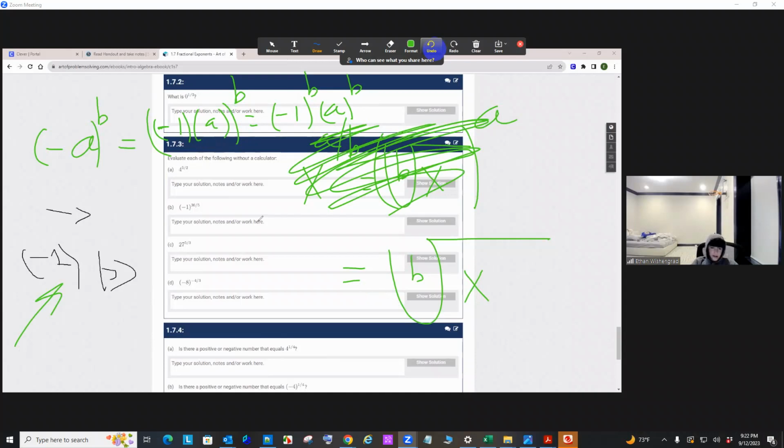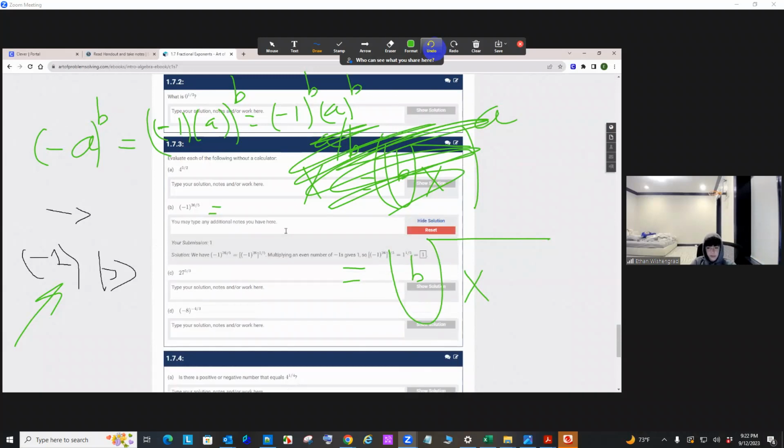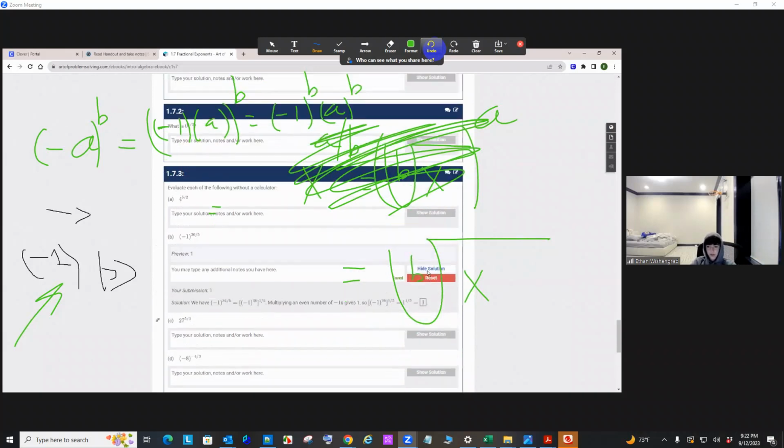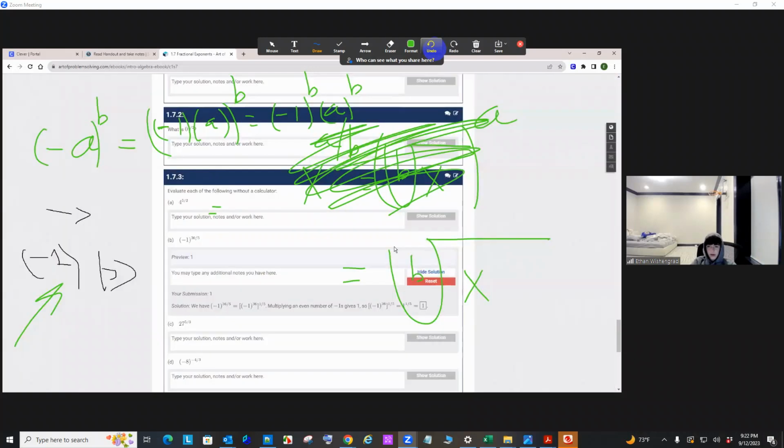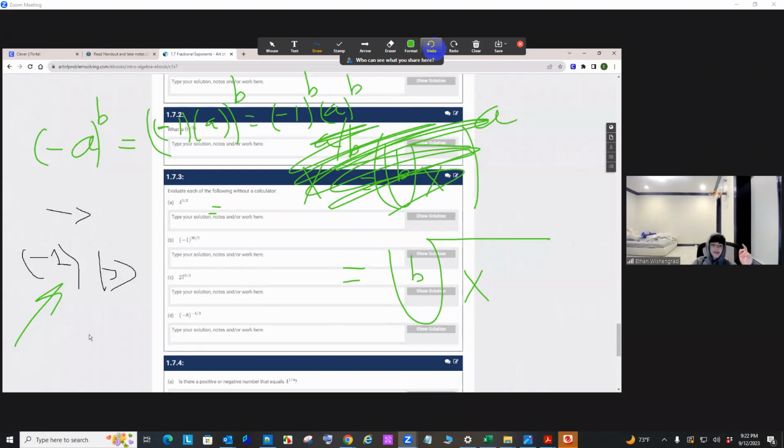So is the answer -1? The answer here is negative 1, because it cancels each other out. No, wait, it's not negative 1. It's positive 1, because negative times negative. Okay, wait.